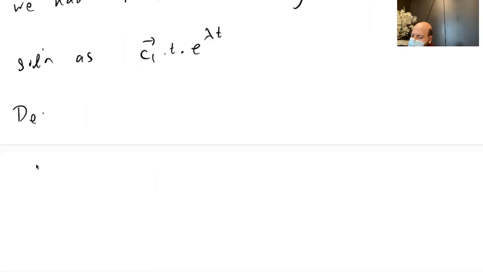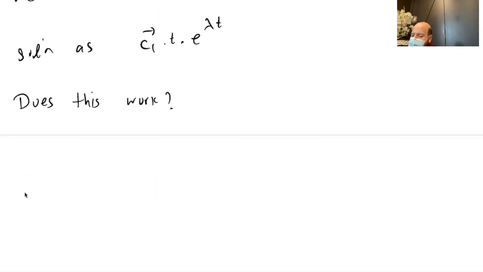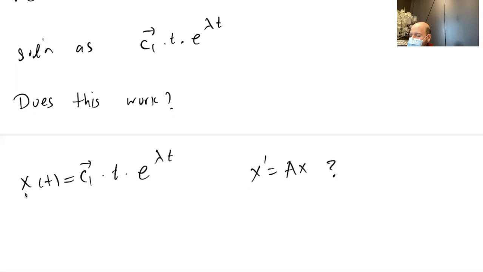Does this work? Let's say I set x of t to be C1 t e to the power lambda t. Then can I say that x prime is equal to Ax? Because if this is a solution, then x prime must be the same as Ax.